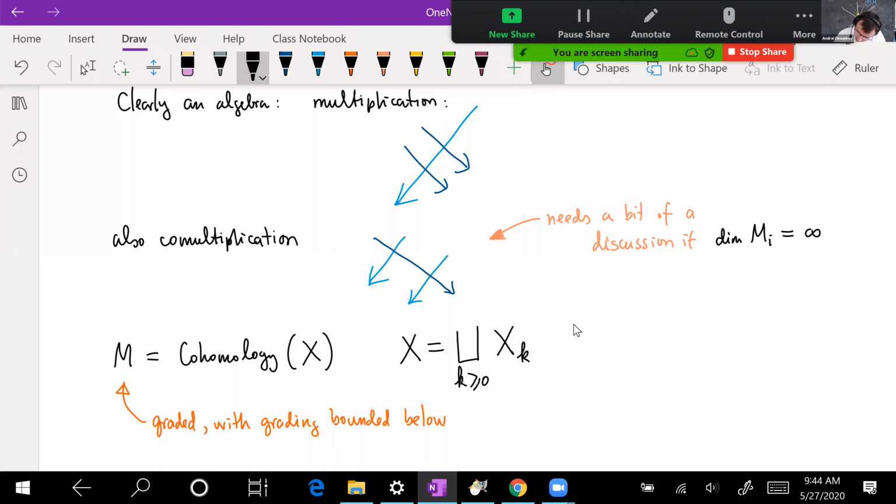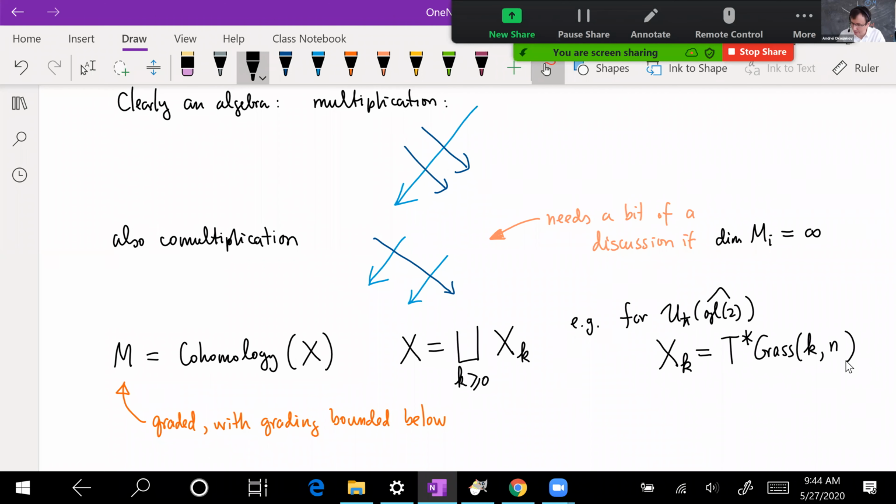For example, let me have an example in mind. The simplest example: if you're interested in U h-bar of GL2 hat, this space X_K would be the cotangent bundle of the Grassmannian of k-dimensional subspaces in some fixed n-dimensional space.